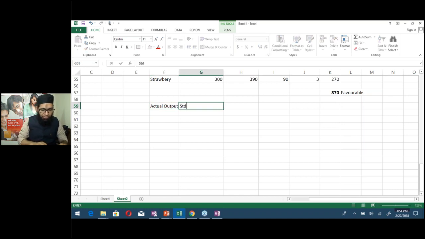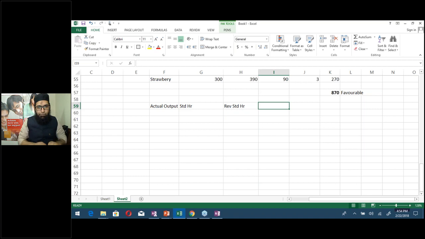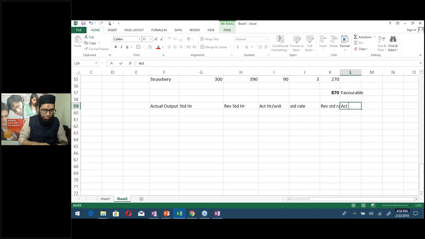Then there is standard hours, the revised standard hours, and actual hours per unit. We will also be requiring the standard rate, the revised standard rate, and the actual rate.